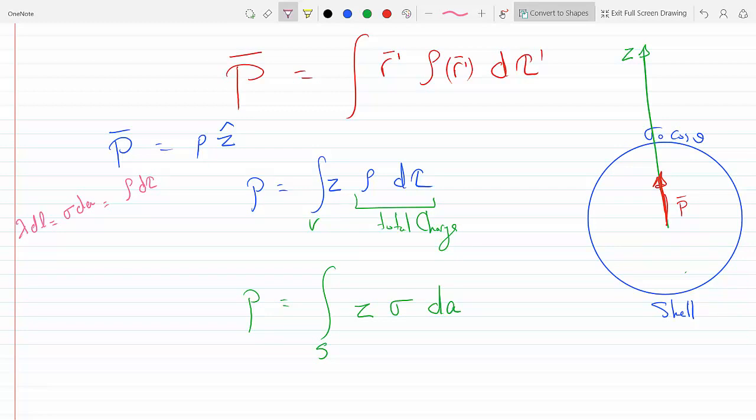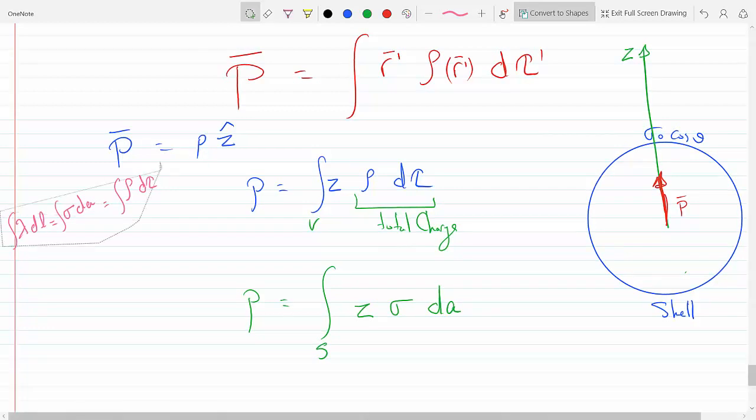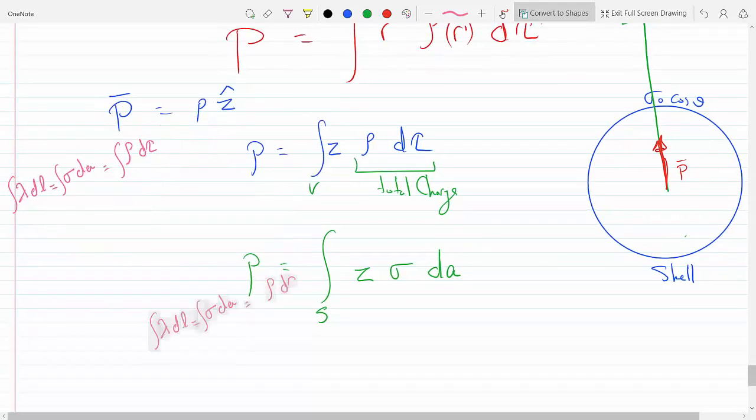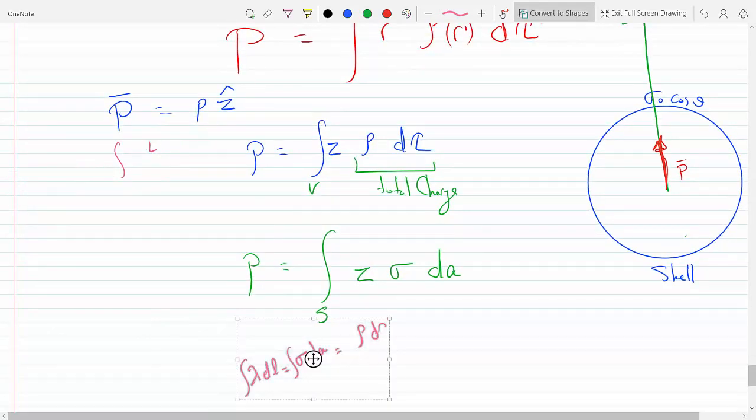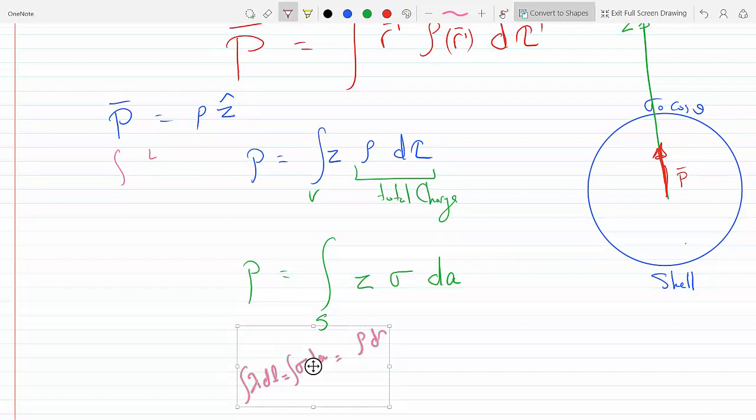If you integrate each one of them, you recover the total charge on a line, on a surface area, and in a volume. They all give you Q total.